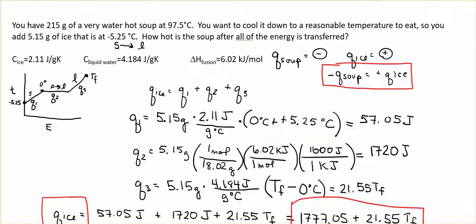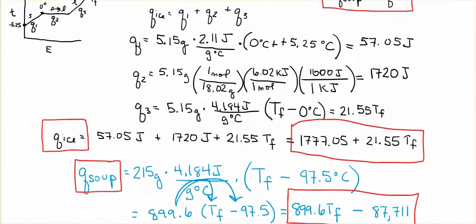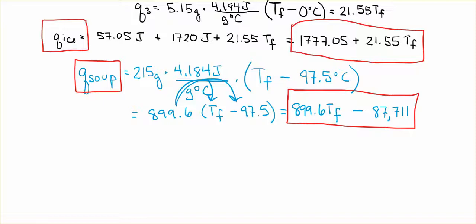Again, look at what we decided already. Negative Q of the soup is equal to positive Q of the ice. We solve for the Q of the ice. We solve for the Q of the soup. Let's set them equal but opposite to each other.